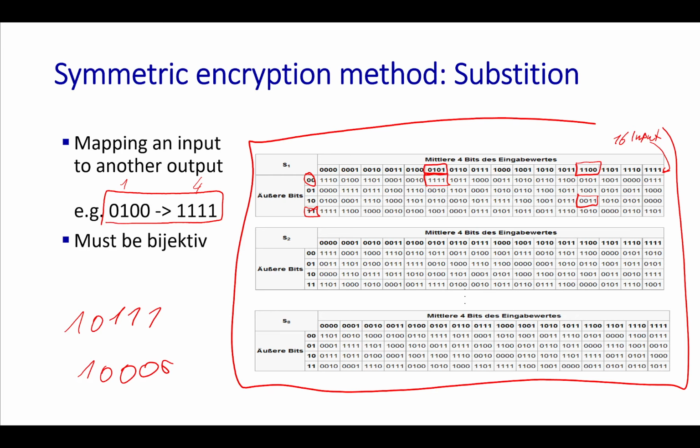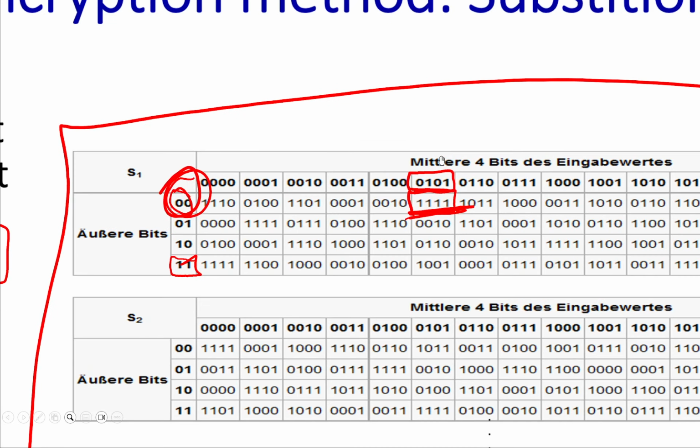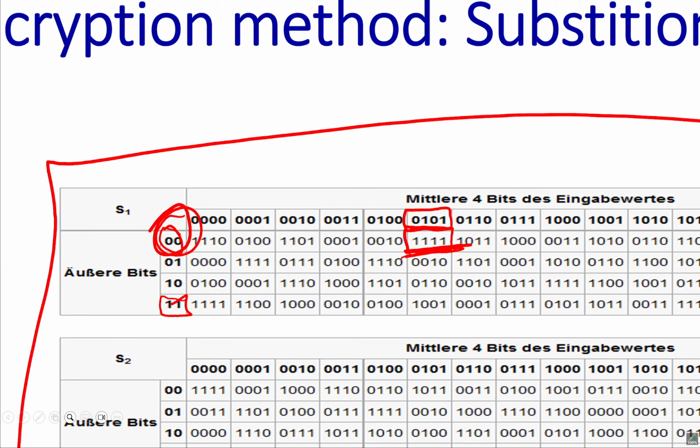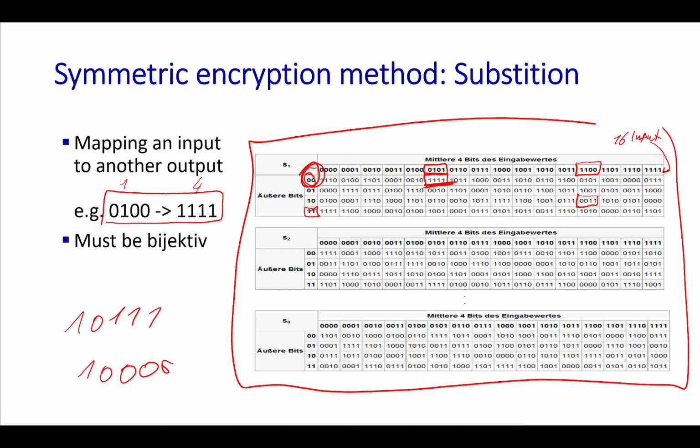So if you know which key was used, then you can also reverse it. If you know that this is the ciphertext, the 4 ones, and you know that this key 00 has been used, then the input was the 0101. So it's basically some kind of mapping technique based on your key.